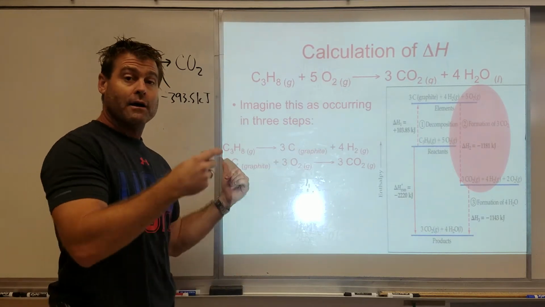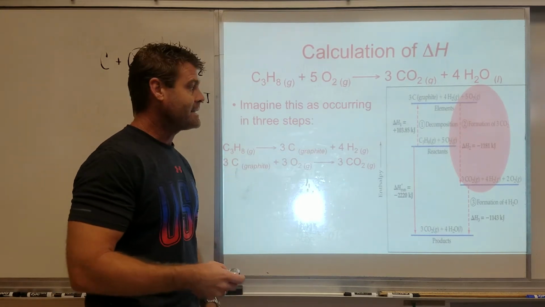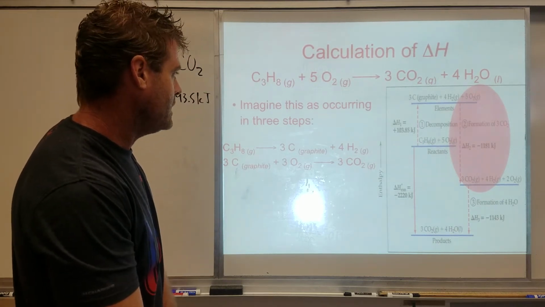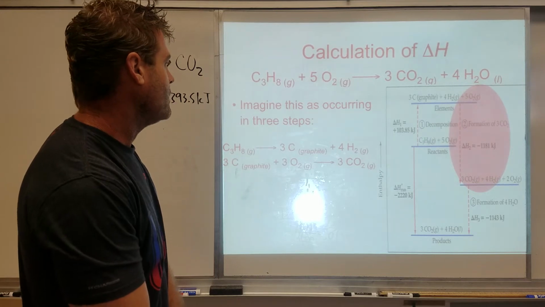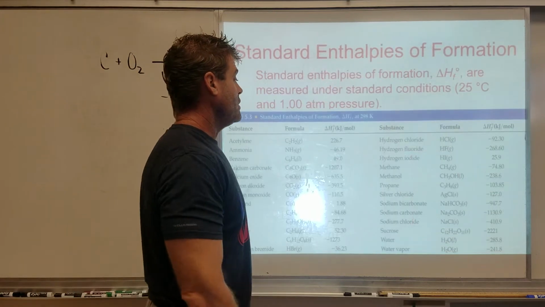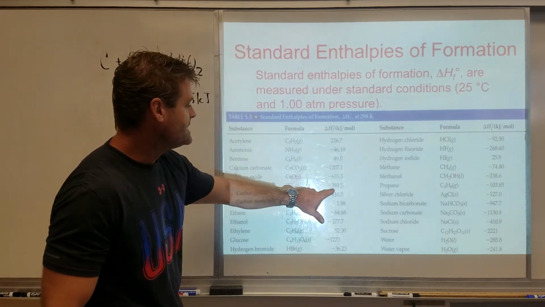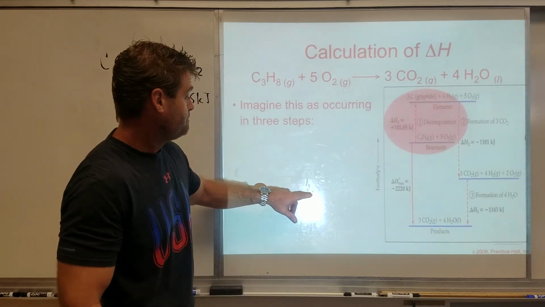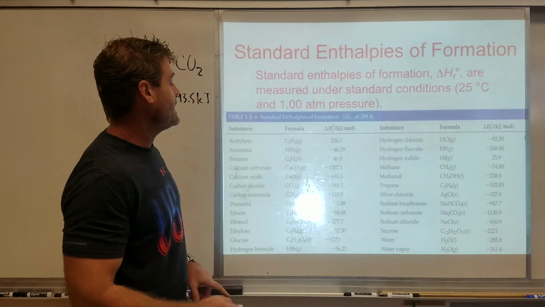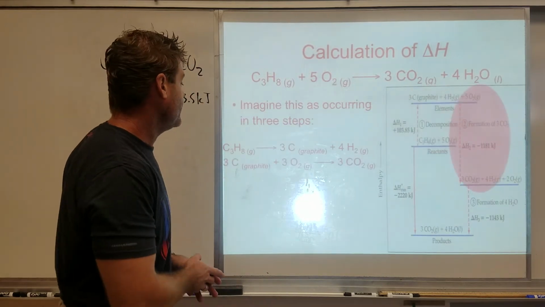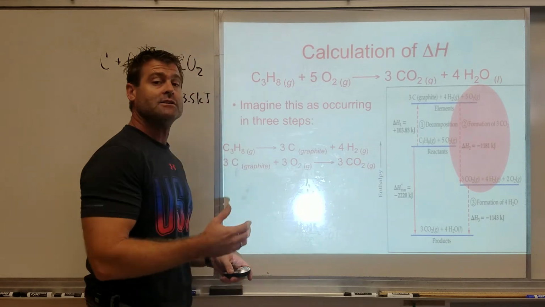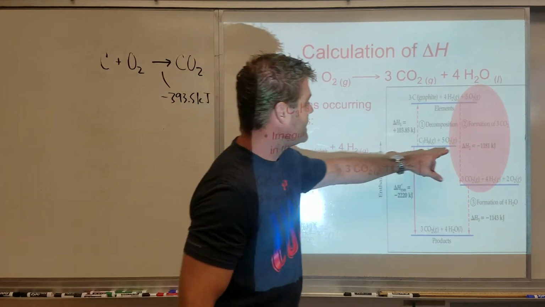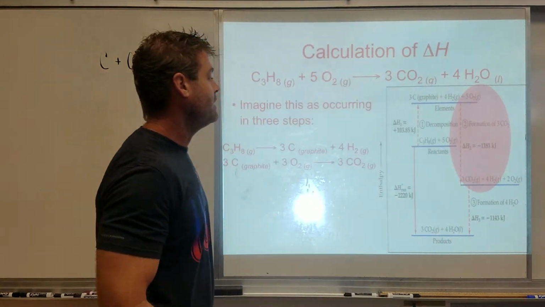Once again, I would look back at my enthalpy of formation for carbon dioxide, which was negative 393.5. Remember, that's kilojoules per mole, but look at how we're writing it here. We're showing the production of 3 moles of carbon dioxide, so I multiply that value by 3 and get negative 1,181.